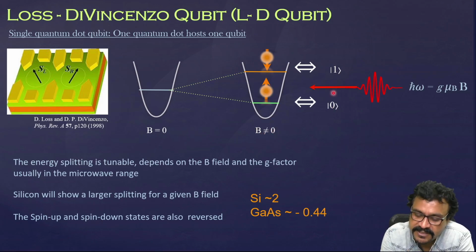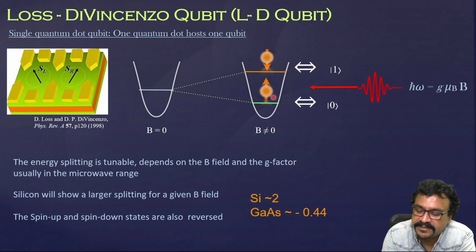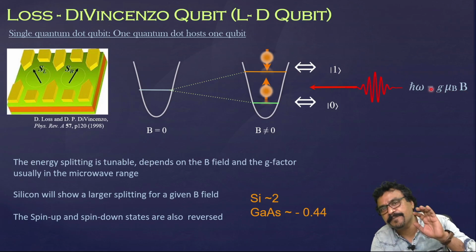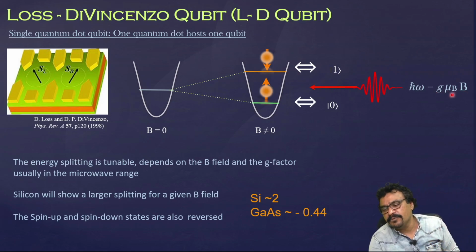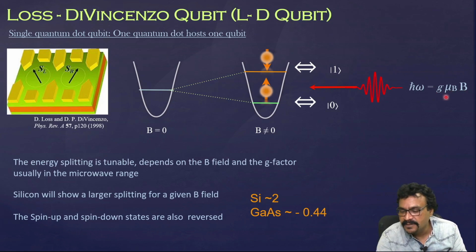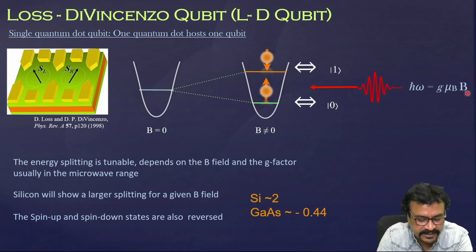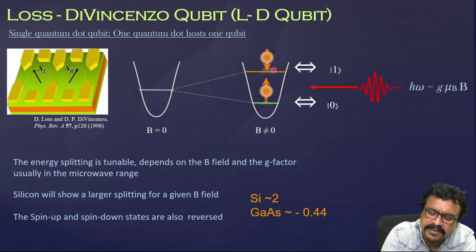One you can assign as 0, another as 1. And you can drive a transition between these two states by applying electromagnetic radiation of energy equal to the splitting, which is g mu_B B, where g is the g factor, mu_B is the Bohr magneton and B is the field. So, this is a field tunable energy splitting.